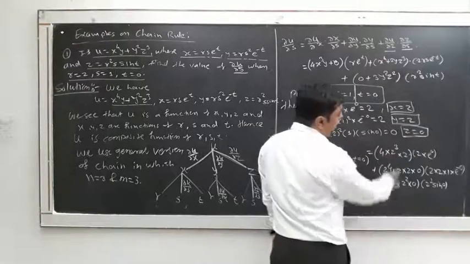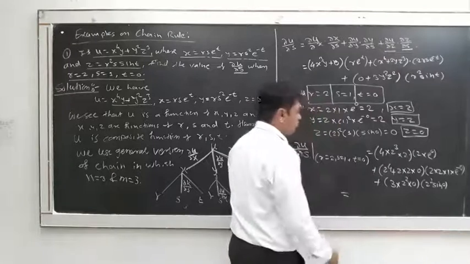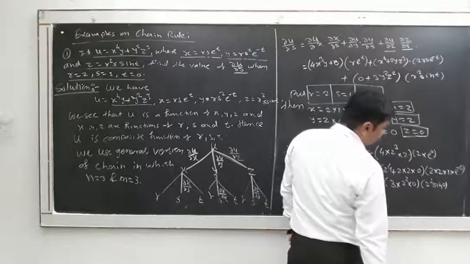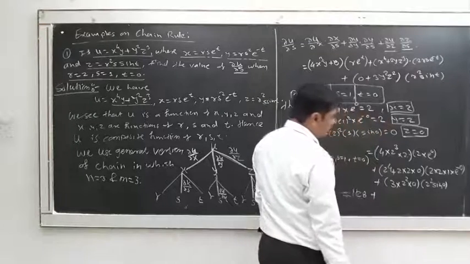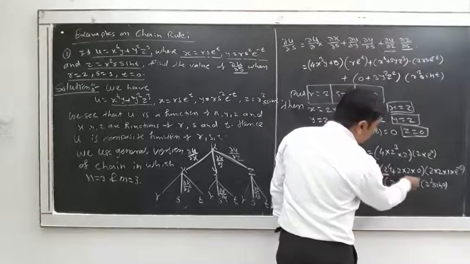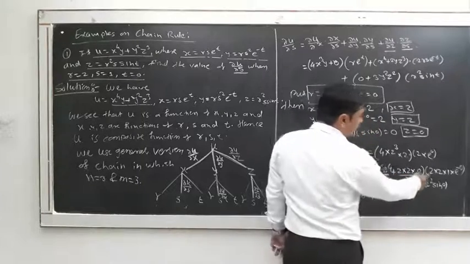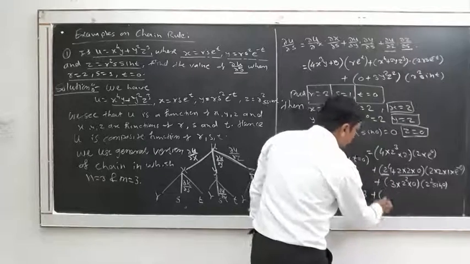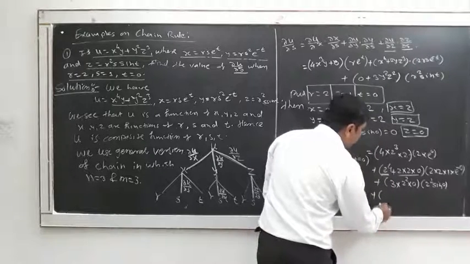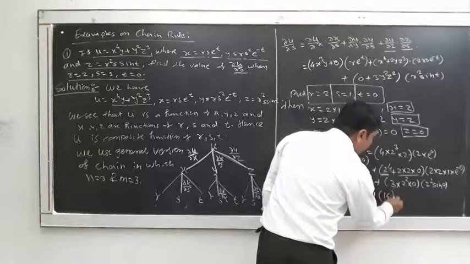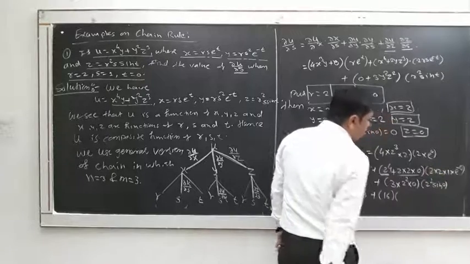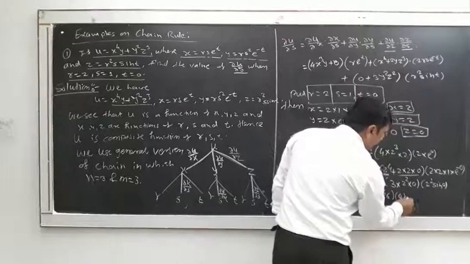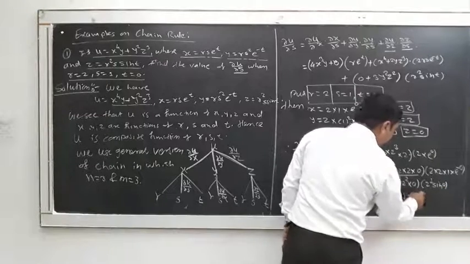4 into 2 is 8, and 8 8s are 64, so it should be 128, plus 2 raised to 4, now this term is 0. 2 raised to 4 is 16, into 2 2s are 4, this term is 0, so it should be 4, and now this term will be 0.